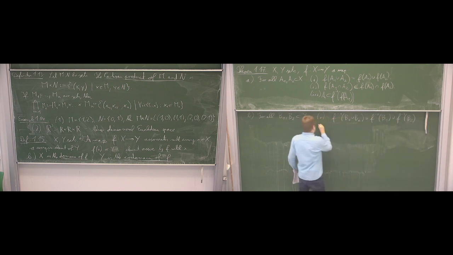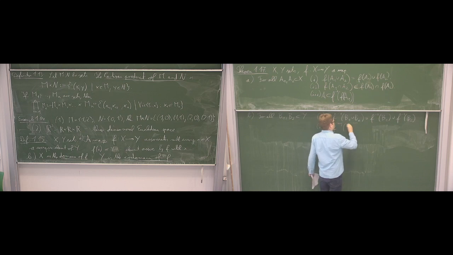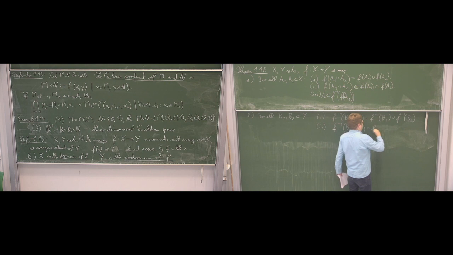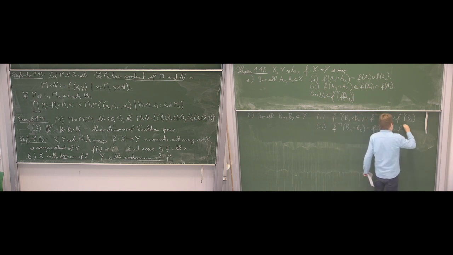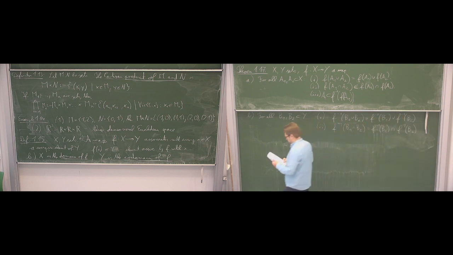And secondly, the same with intersection. It behaves better. Namely, here we know that the pre-image of an intersection is in fact always the intersection of the pre-images. This is something you should keep in mind. Pre-images always behave very nicely, as you would hope for.